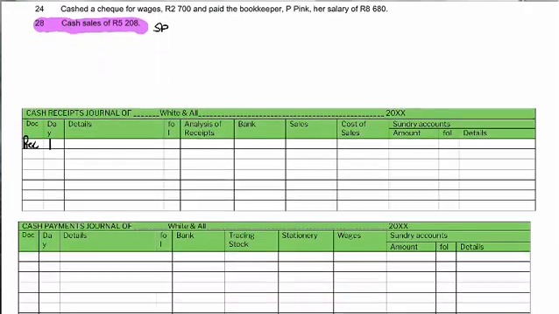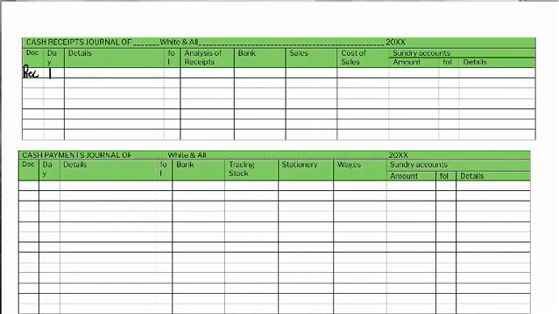What do we write under the details column? Tristan. Under the details column, we write capital. The owner. Who is who? W1. Okay, so we don't write owner. You'll see on your copy there might be owner.